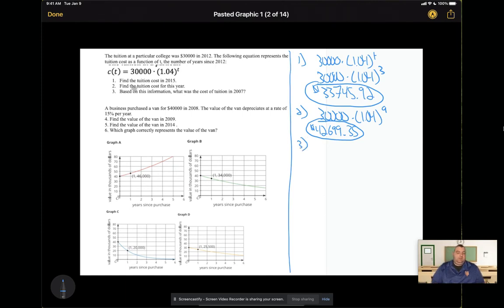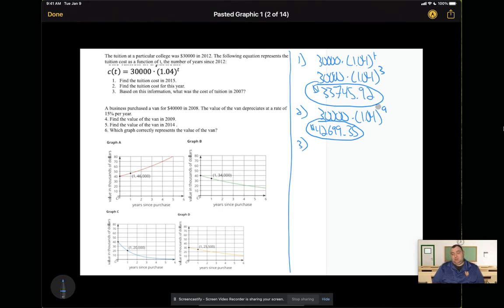Number 3, based on this information, what was the cost of tuition in 2007? This one's interesting because this is based on a starting value of $30,000 in 2012. They want us to use that information to find what the cost was in 2007.